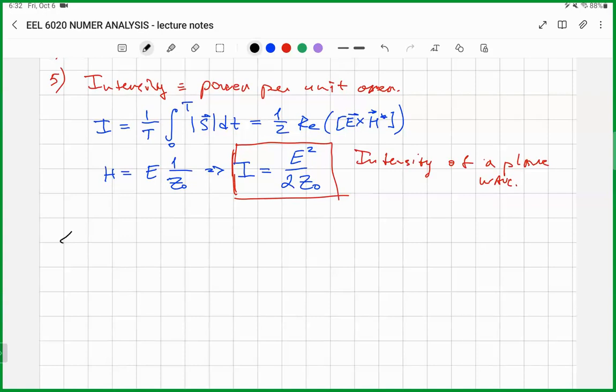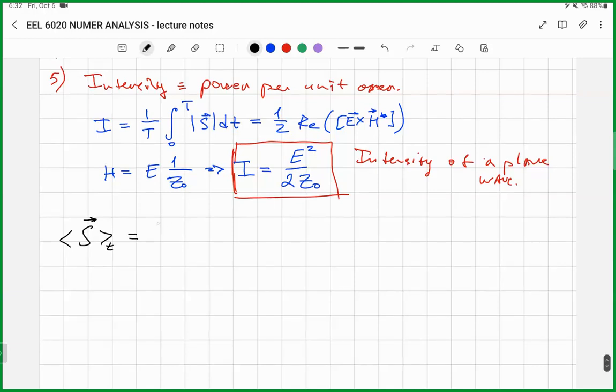As we discussed, the time average of the Poynting vector is given by 1/2 of the real part of the product of electric field and magnetic field star conjugated.